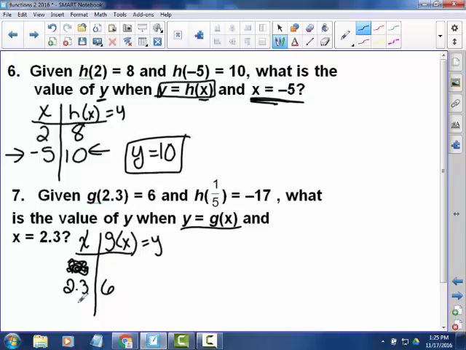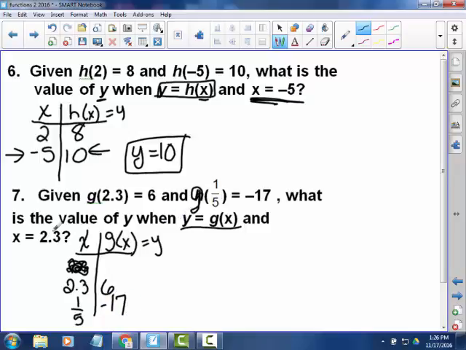Then that should be a g there, and another g. So x is 1/5, and g of x would then be negative 17.